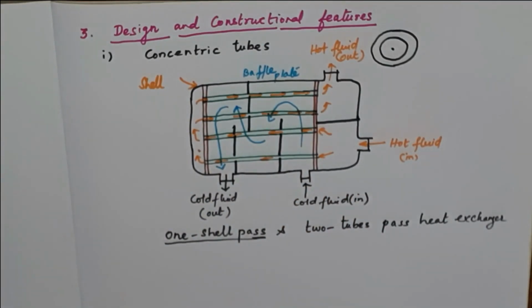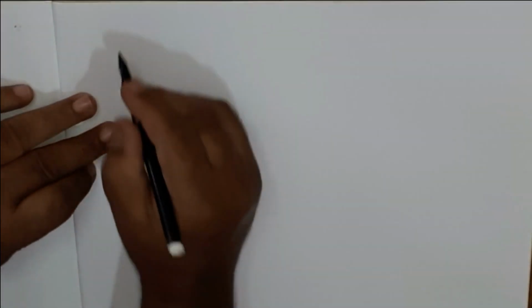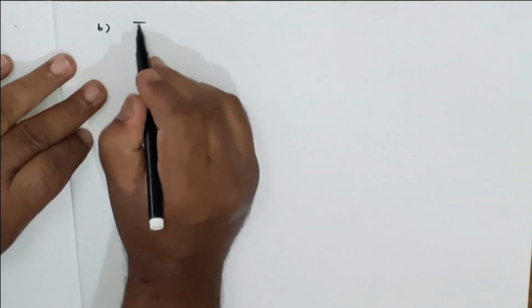So let me draw 2 shell and 4 pass. How can you have that? So you have heat exchangers of that kind also. So here I'm going to draw the B category, 2 shell and 4 pass heat exchanger.